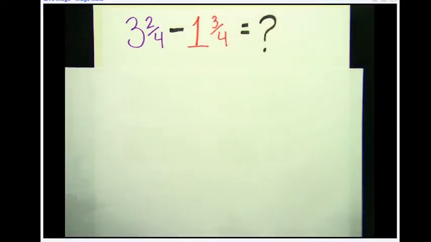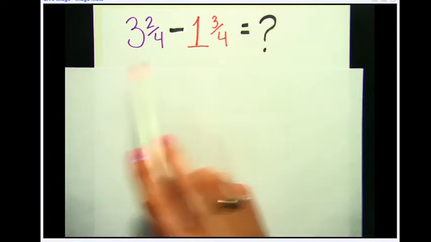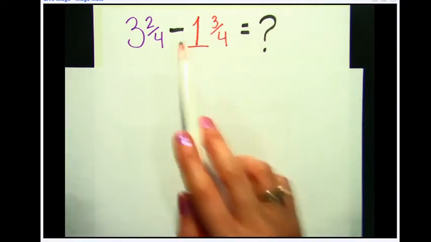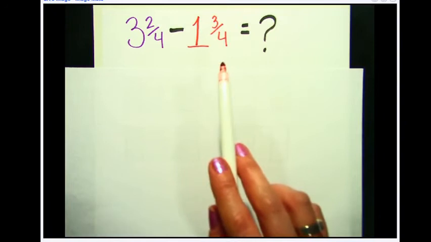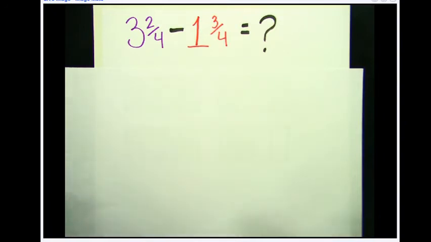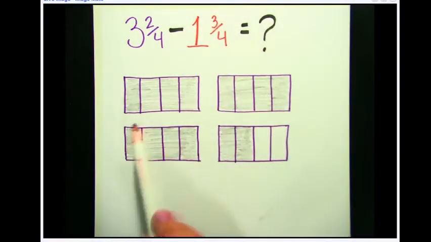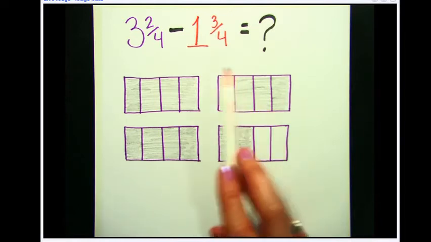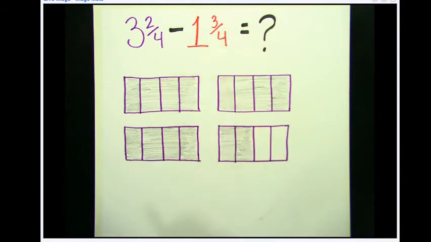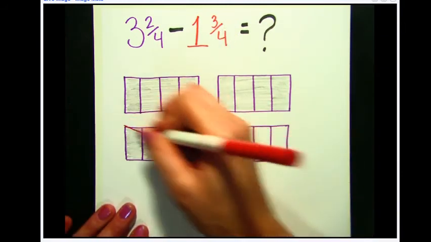All right, so the next problem we're going to solve is 3 2/4 minus 1 3/4. So of course, the first thing I'm going to do in this case is make my math model. I have 3 completely shaded in and 2 parts out of 4 total parts shaded in here. Now I need to take away 1 3/4. So I'm going to get rid of 1 whole.